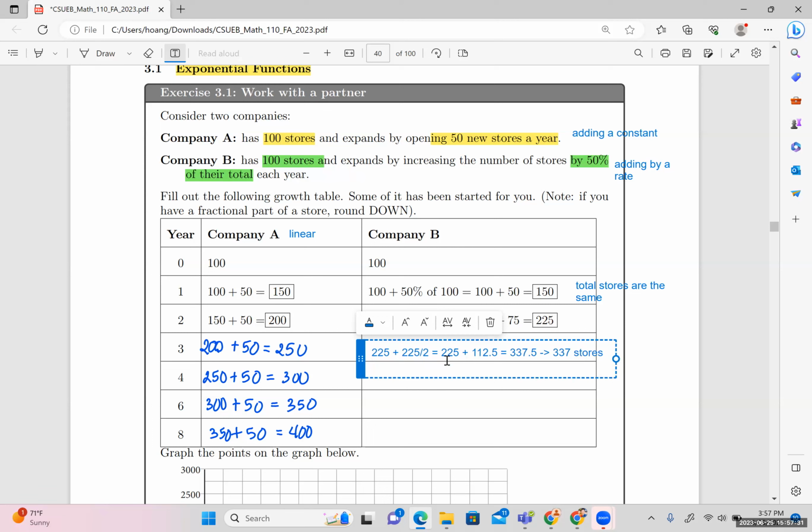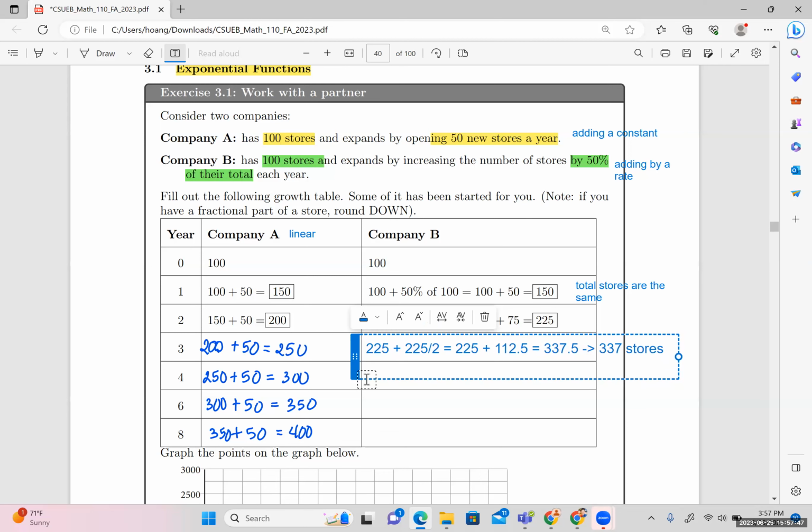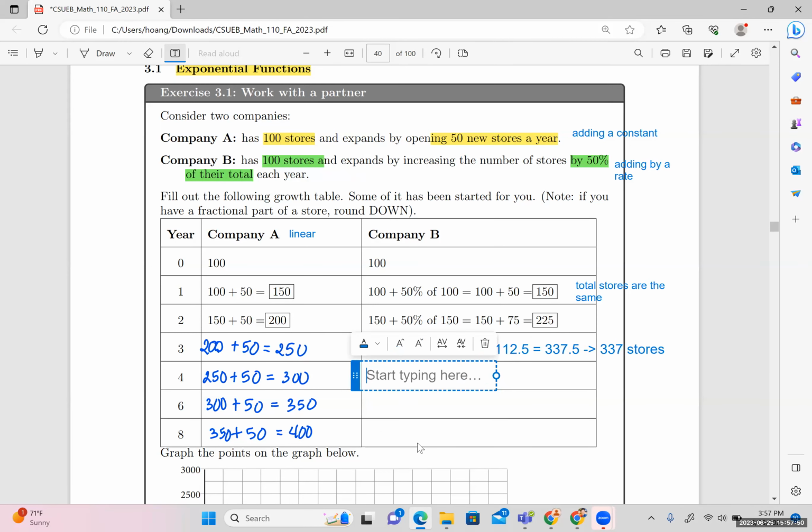The next one, I'm gonna use 337, and add 337 divided by 2, which is 337 adding 168.5, right? So that will give me 505 stores.